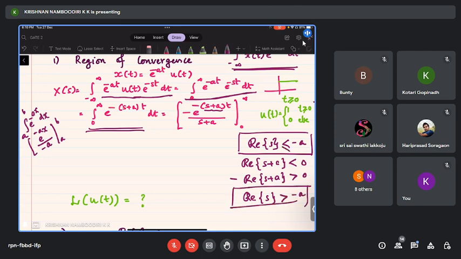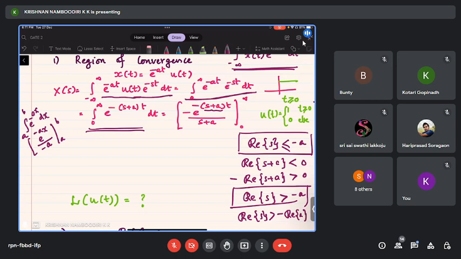Whenever the real part of s is less than or equal to minus a, this integral will explode to infinity when I substitute t equal to infinity. So this integral is valid only if the real part of s is greater than minus a. Or if a is a complex number, you can write the real part of s is greater than minus the real part of a.